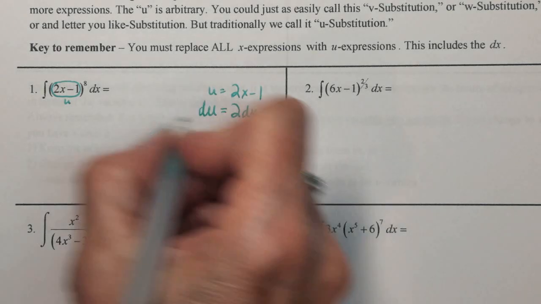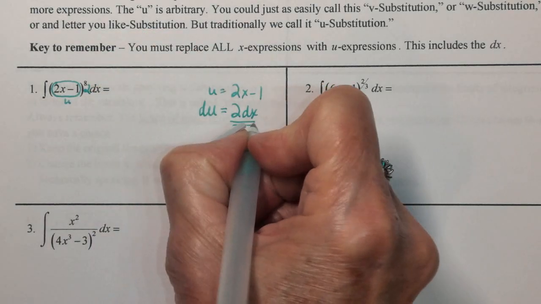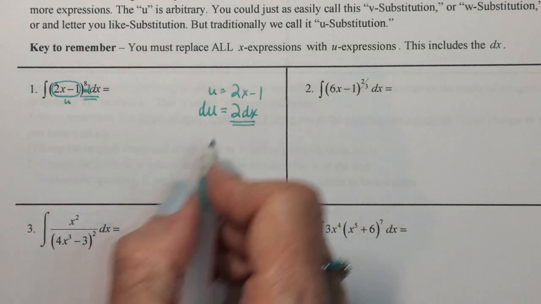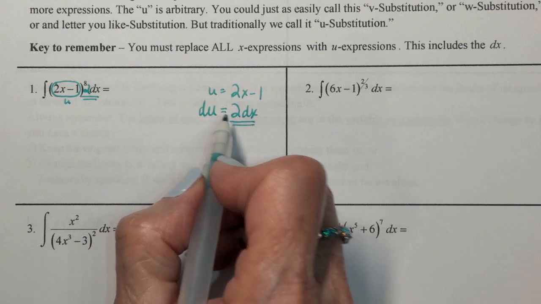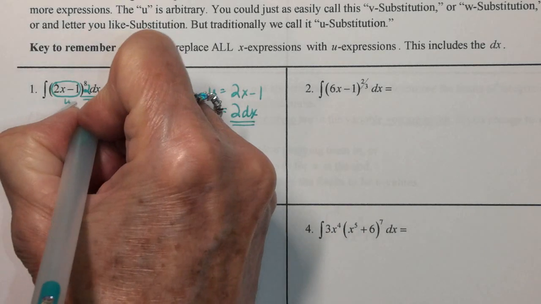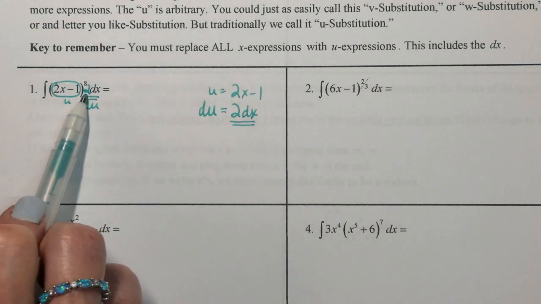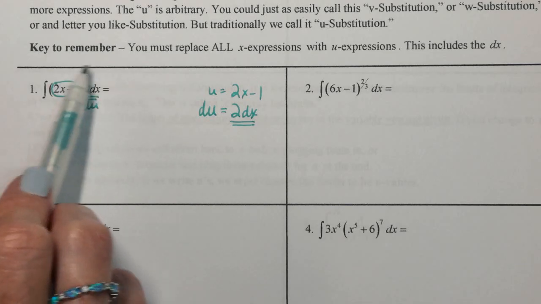So here's what I'm going to do. I'm going to put a 2 right here because I want 2 dx. And here is 2 dx. Now I'm substituting. So I'm going to substitute in place of the 2 dx my du. So that's going to be my du. But I can't just write a 2 there, because if I write a 2 here, I have changed the value, true?